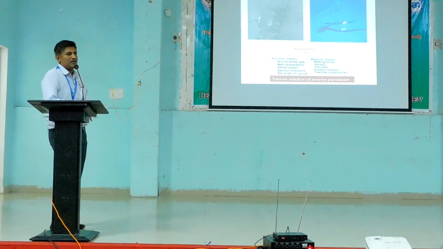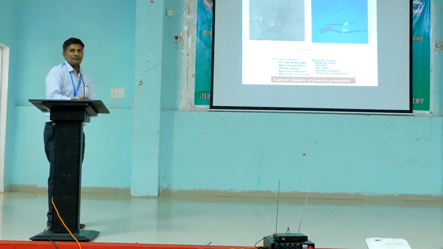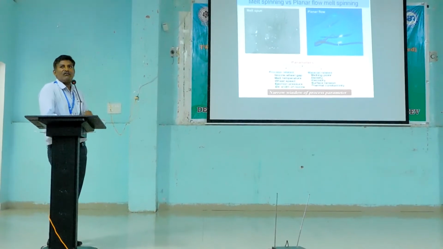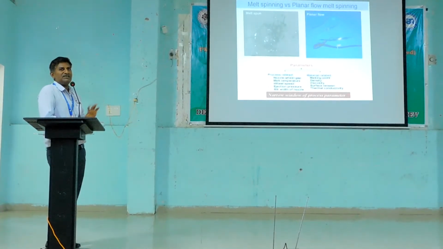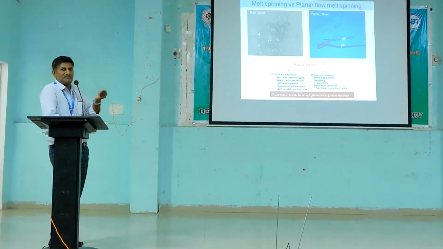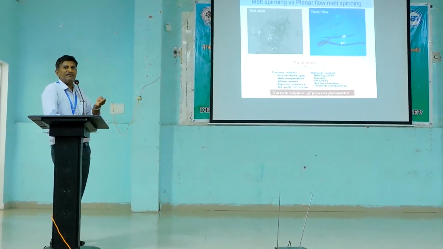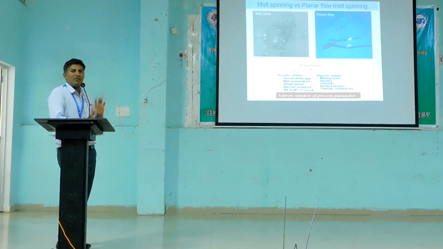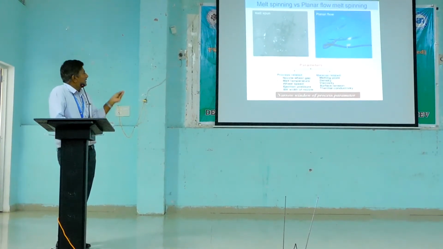Now there are two methods in melt spinning. One is conventional melt spinning, another is planar flow melt spinning. In conventional melt spinning you will get some flakes, some ribbons which are discontinuous, but they are mostly amorphous.